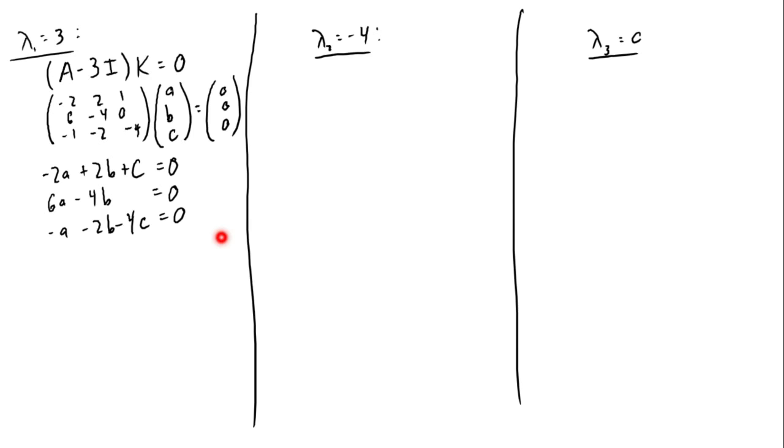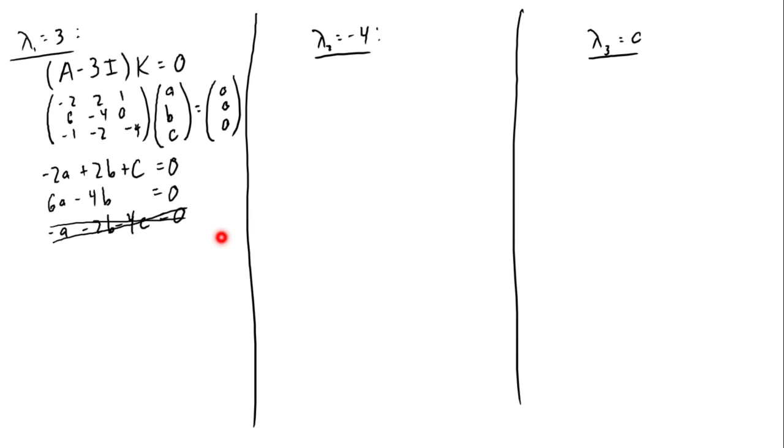Here, it's not clear. Here, there are not two equations that clearly say the same thing. So as I said, I'm allowed to ignore one of the equations. Ignore whichever one you want. It doesn't matter. I'm going to ignore the last one just because I got to pick one. And so I'm going to just solve the system with those first two equations.